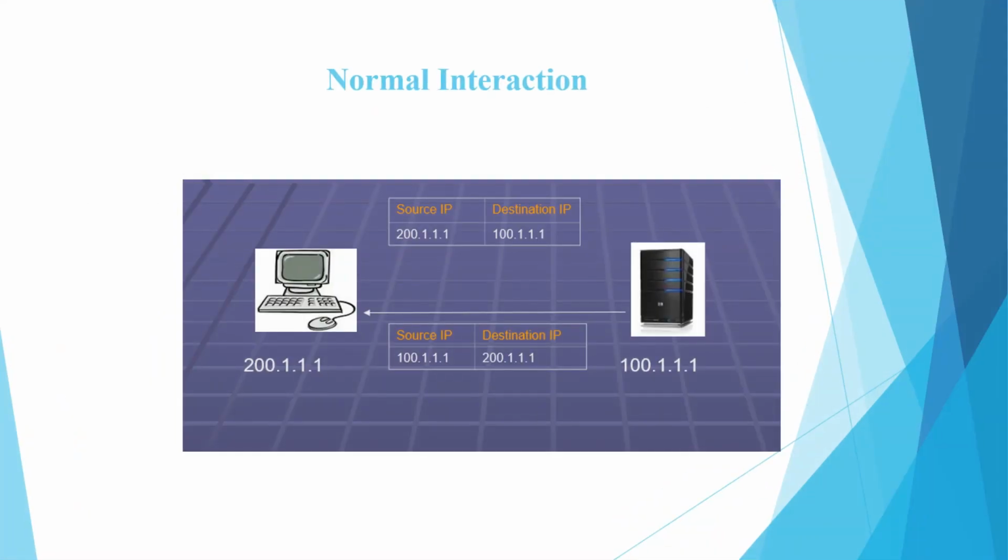Here we have the normal interaction. We have the source IP address, which is the IP packet field containing the IP address of the workstation from which it came, and the destination IP address, which is the IP packet field containing the IP address of the workstation to which it is addressed. Each IP datagram contains a source address and a destination address.